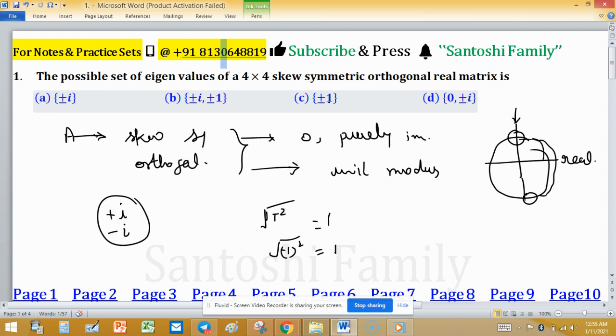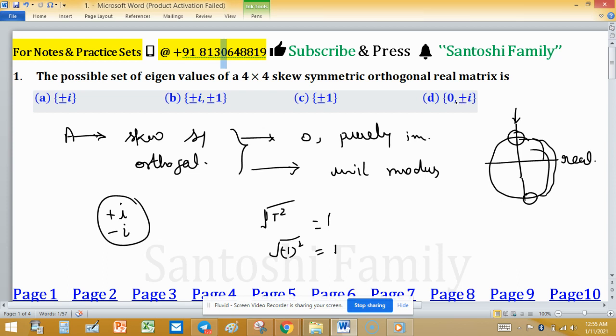In option D, the eigenvalues will be either 0 or purely imaginary, but the same reasoning applies as for option B, which we discarded by the given rule.